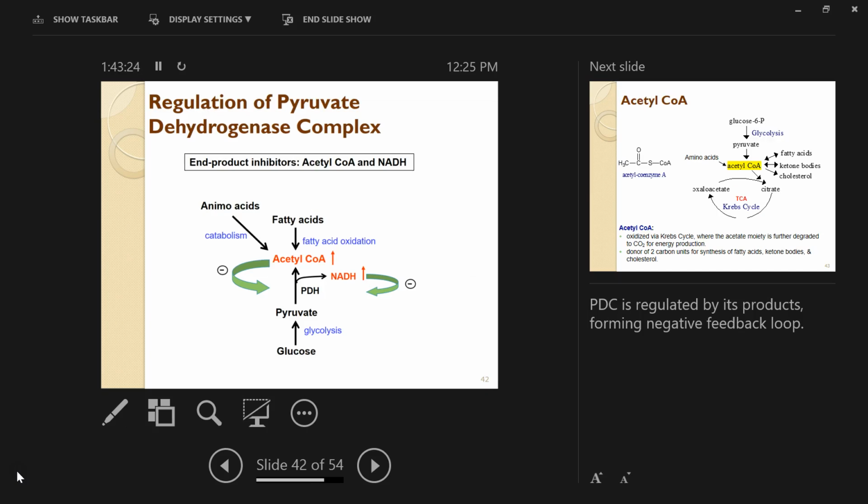And this enzyme activity is actually regulated by its own products.